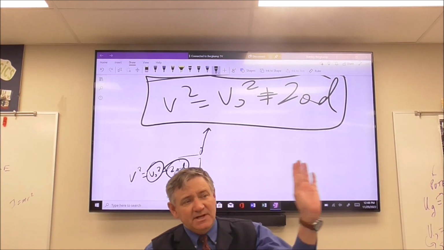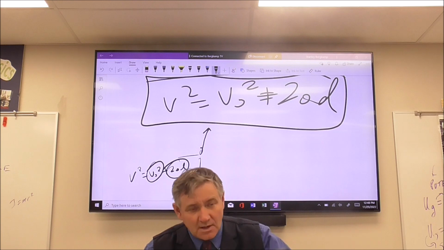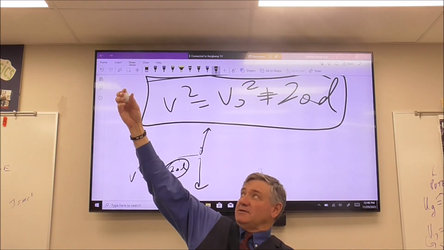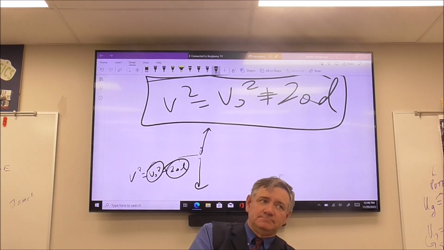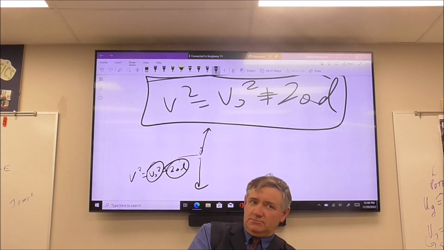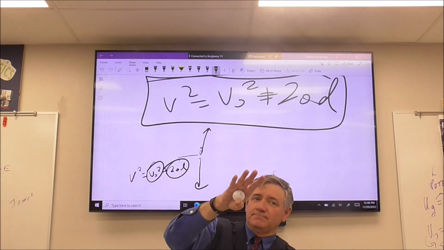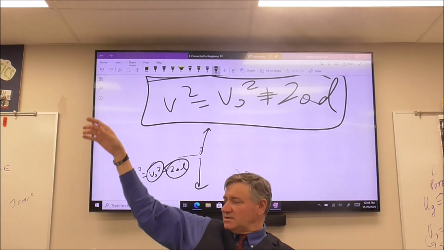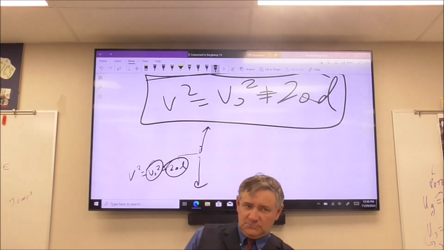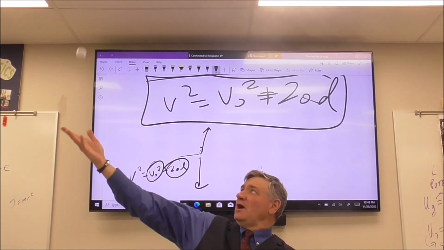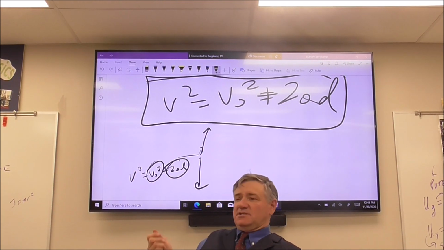Now, let's look at it from an energy perspective. If I just drop it, what's the only type of energy that it has at the top? Gravitational potential energy. And all that changes into kinetic at the bottom. True? But if I throw it, what two types of energy does it have?